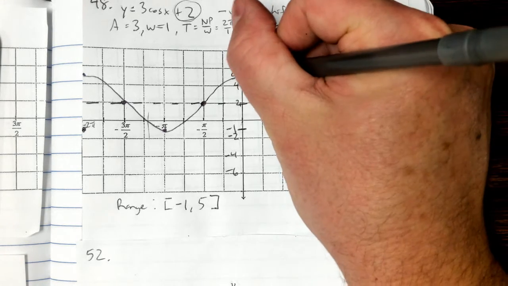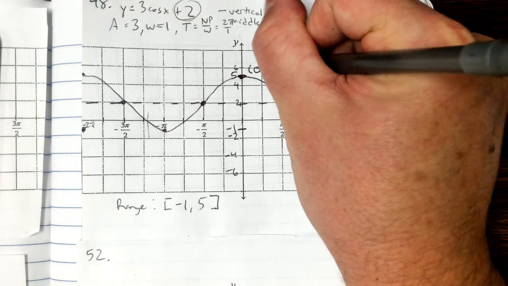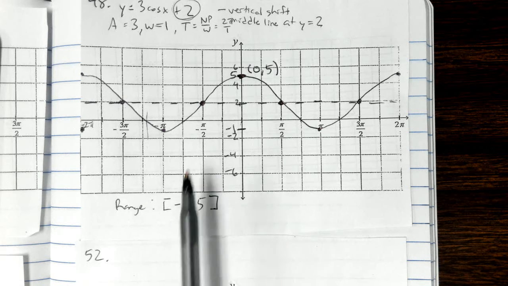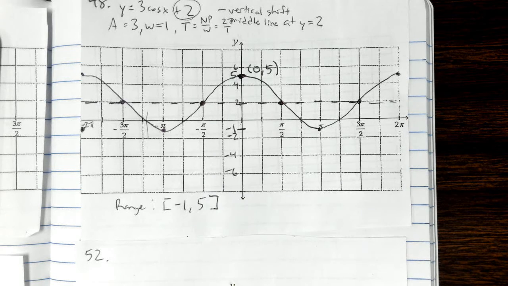And the main point I want to emphasize is it starts at 0, 5. So this is a cosine graph. Remember different things that we've said before, different attributes, like it's reflected across the y-axis, not the x-axis, and not the origin.